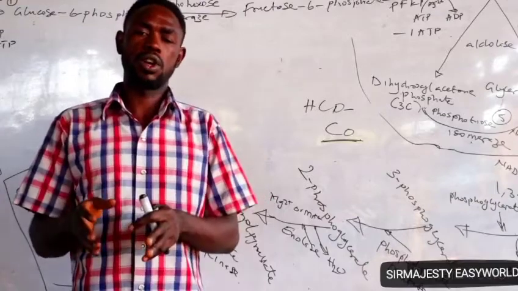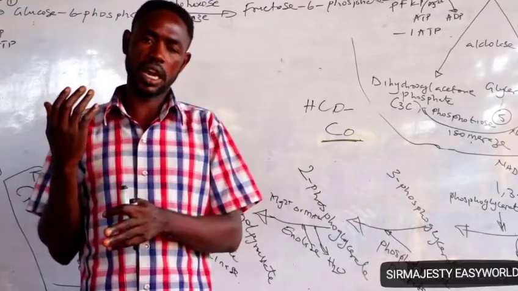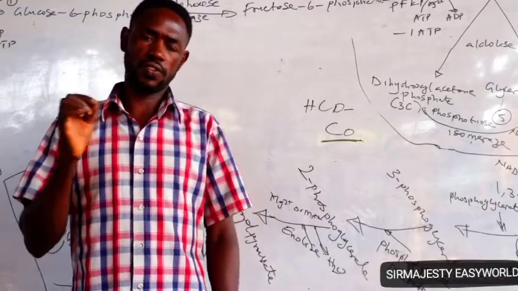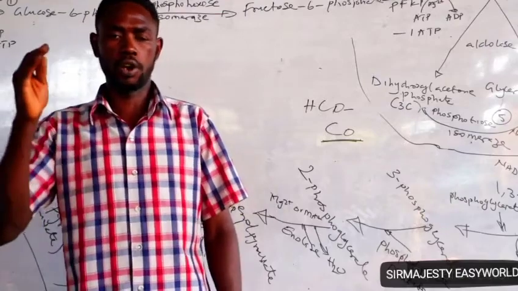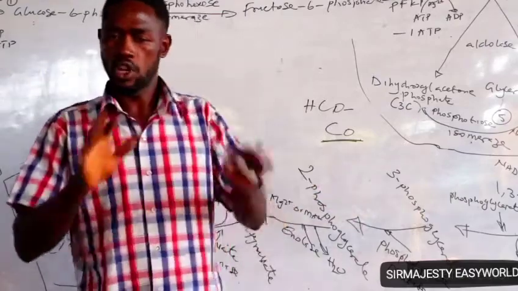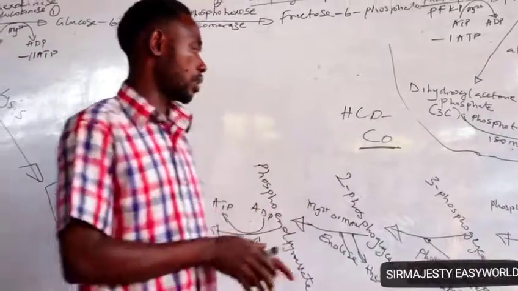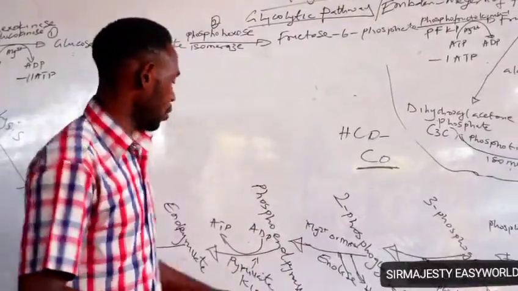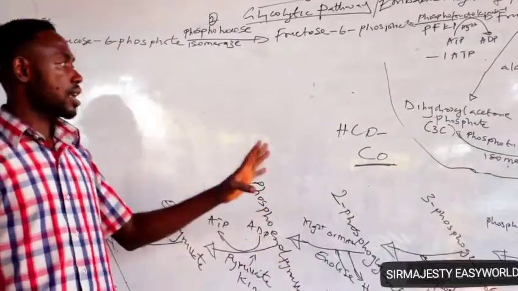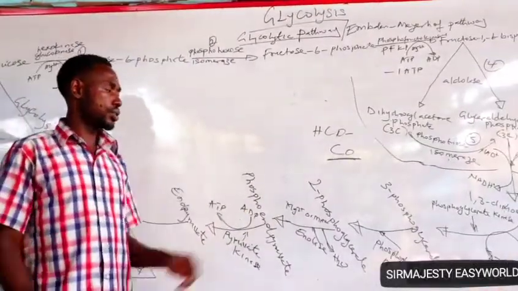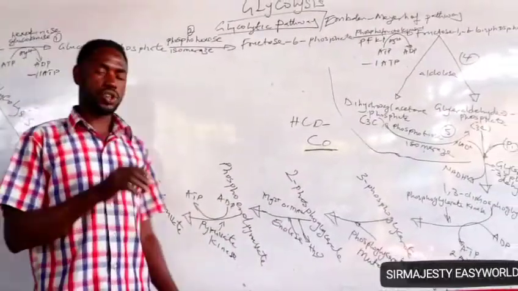This time around, unlike the first 2 isomerizations, you are not changing the functional group, rather you are shifting it from carbon number 3 to carbon number 2. So the 3 isomerization reactions involved in glycolysis have been explained. Okay, so this is the summary. We will now go into the details of each of the steps.